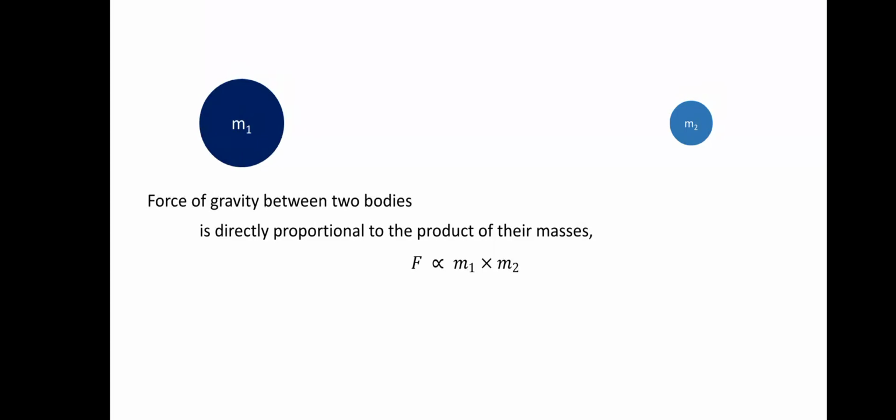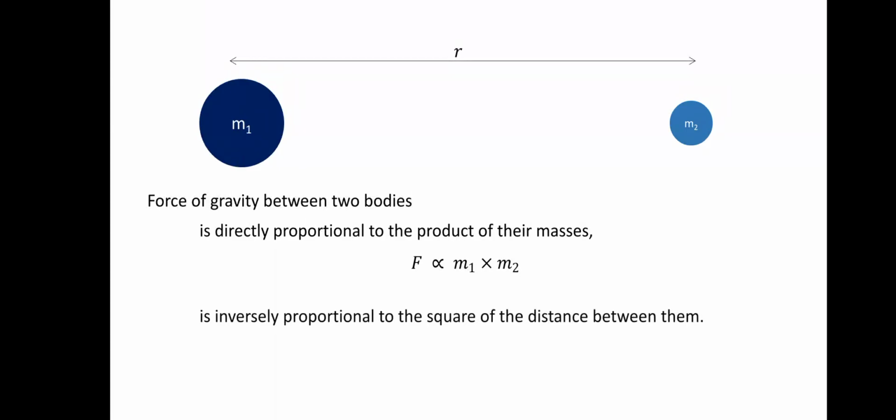So the more the distance, the less the force, and the less the distance, the more the force. So in this case, the force is inversely proportional to the square of the distance between them, and this can be represented mathematically as F proportional to 1 by r squared.